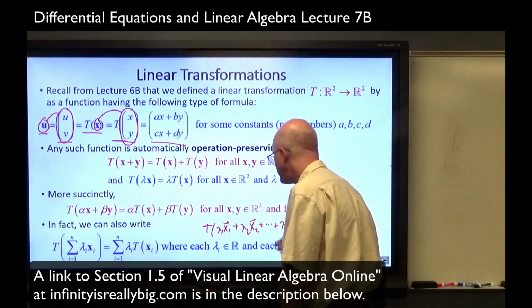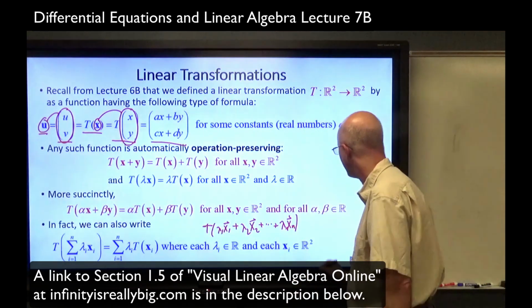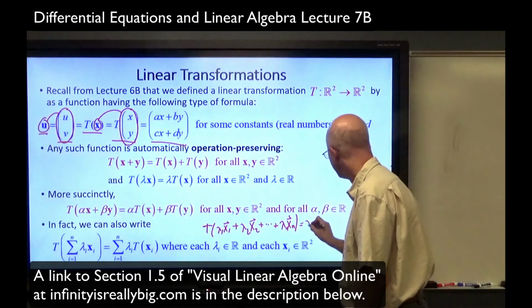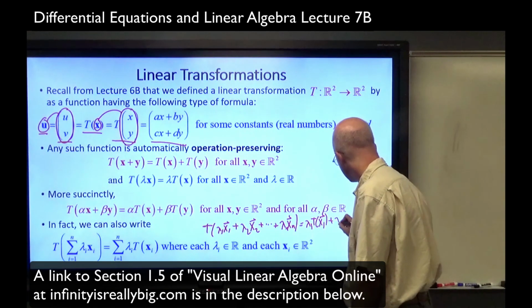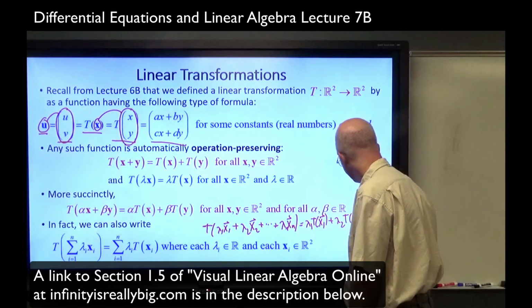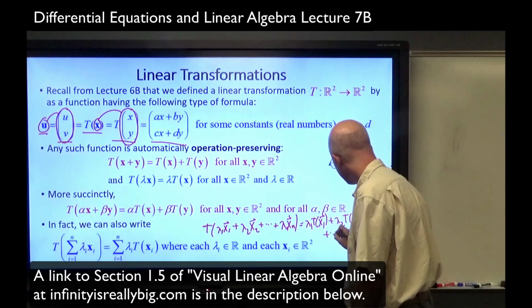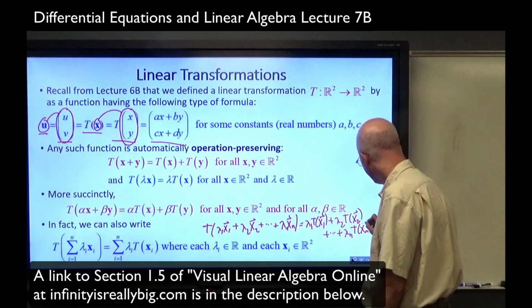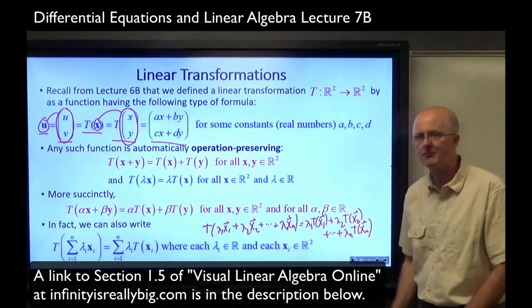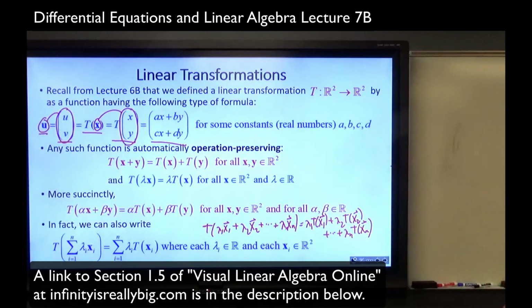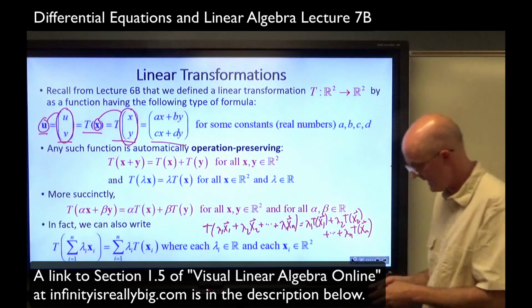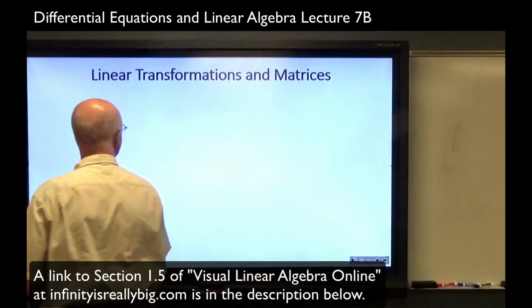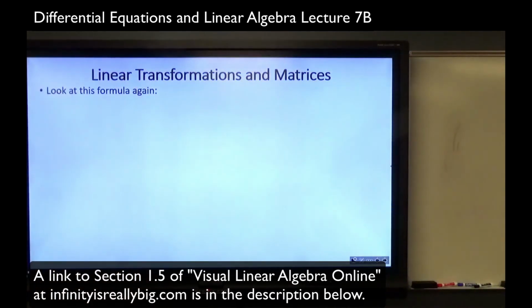That's what that summation sign means there, equals lambda 1 T of x1 plus lambda 2 T of x2 plus etc. plus lambda n T of xn. That's how you'd write this same property without the summation symbols. That can come in handy. It will come in handy for us. These are very important. Look at this formula again.